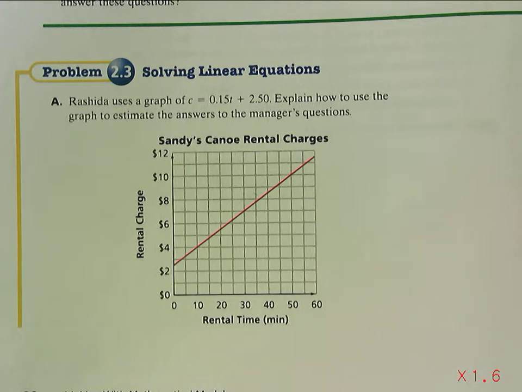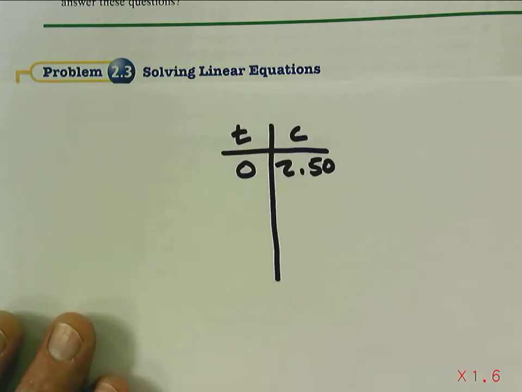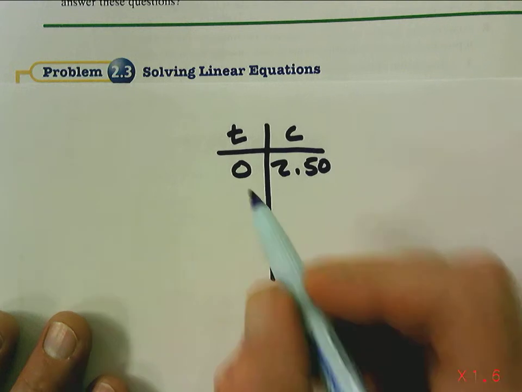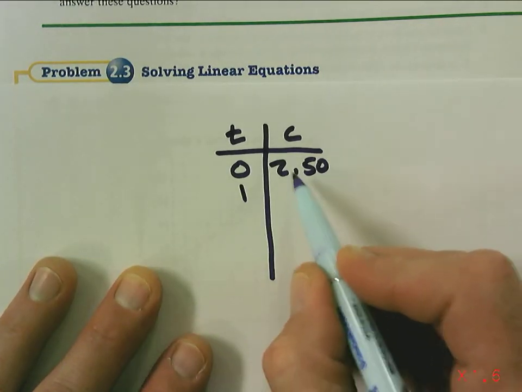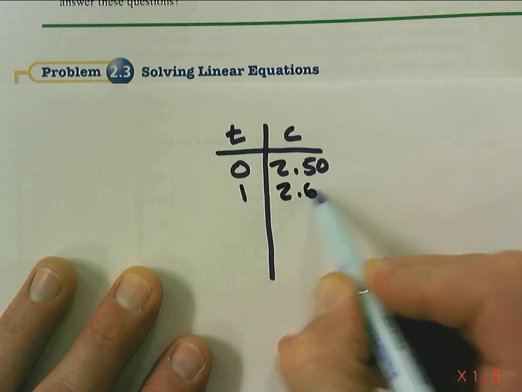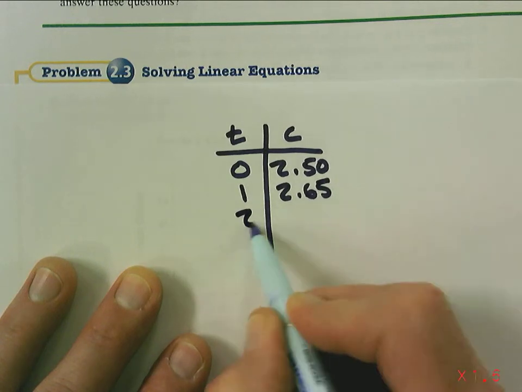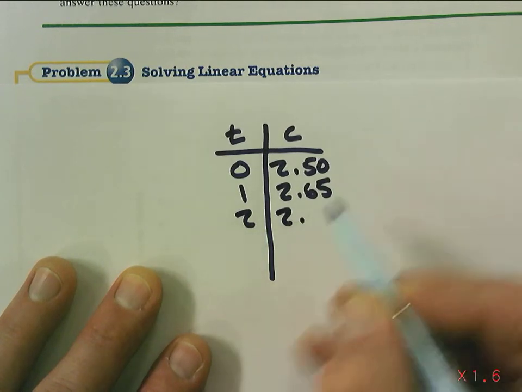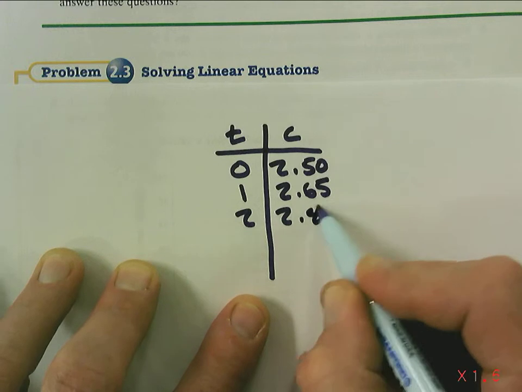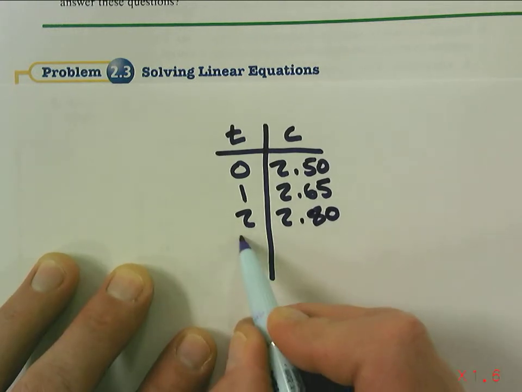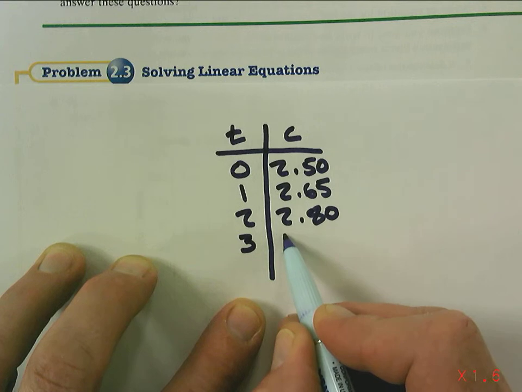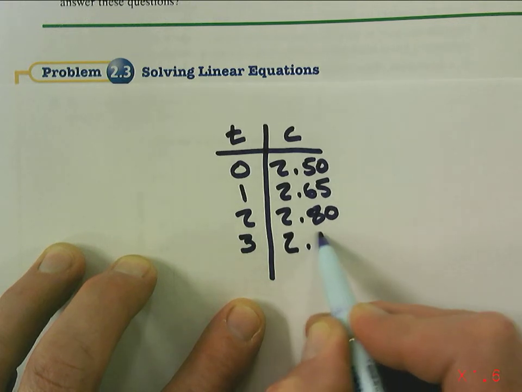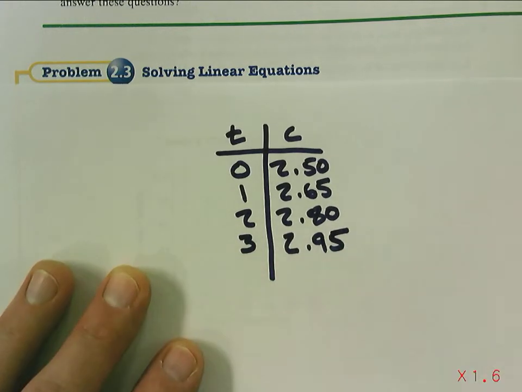So we could just make a table knowing that it starts at $2.50 and then each minute it goes up 15 cents. So we go $2.65 and then $2.80, and all I'm doing is adding 15 cents for each additional minute. So at $2.95 and so on.